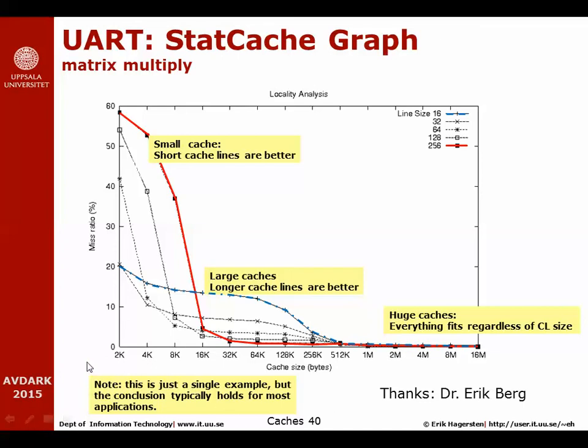Just to highlight, this is not a general truth. It is highly application dependent, but just looking at practical cache implementations that people have done in the past, you would typically see smaller cache line sizes for smaller caches and larger cache line sizes for larger caches.